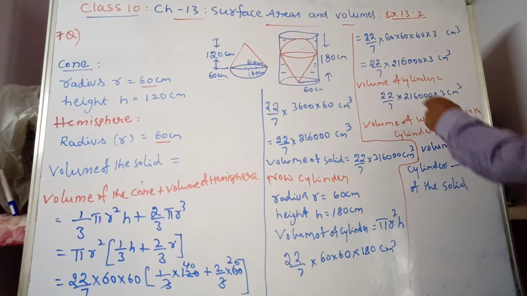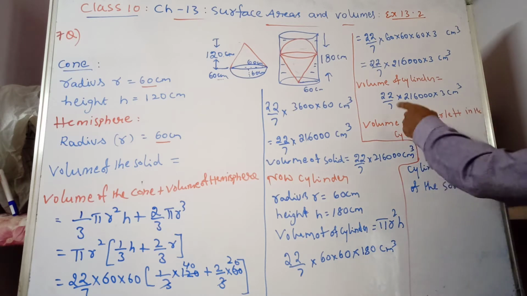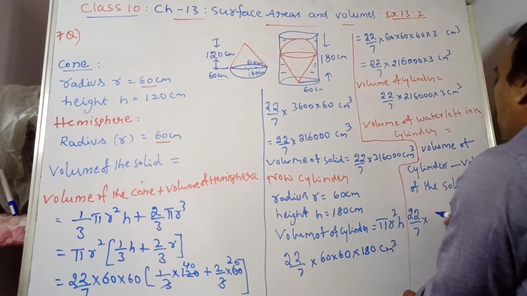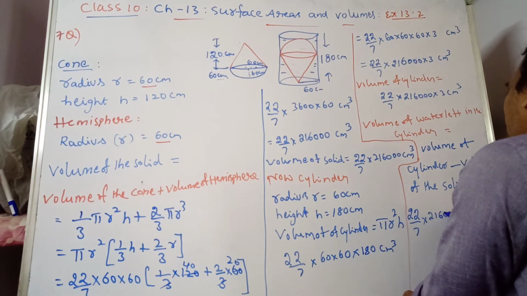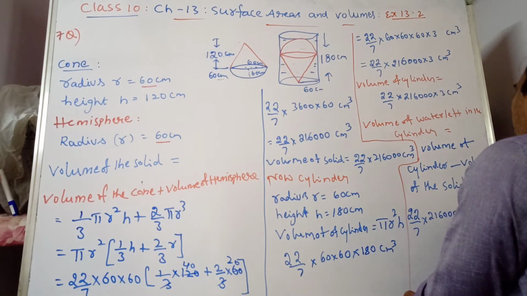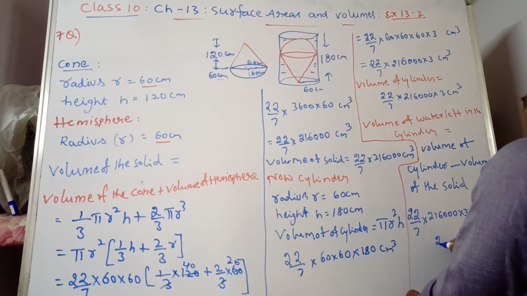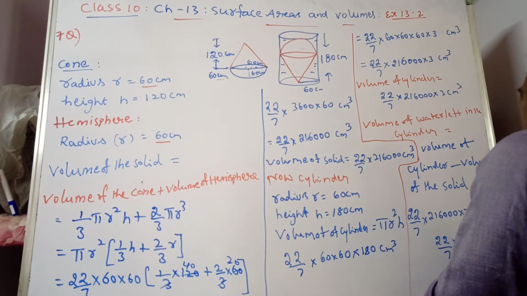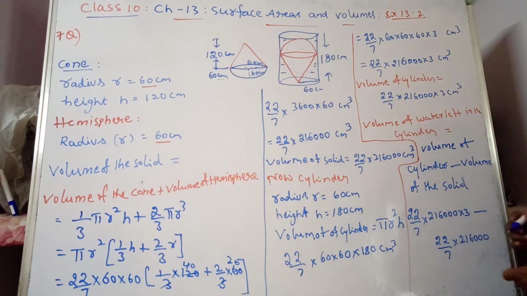What is the volume of the cylinder? Here we have 22 by 7, observe it, 22 by 7 into 216,000 into 3 minus 22 by 7 into 216,000. This is the subtraction you have to do.